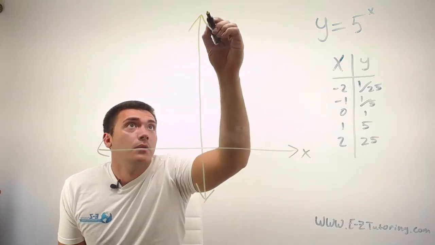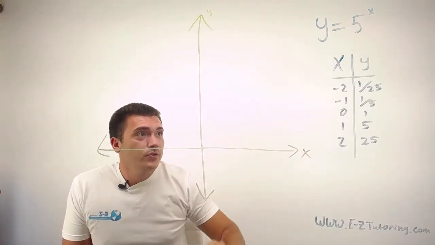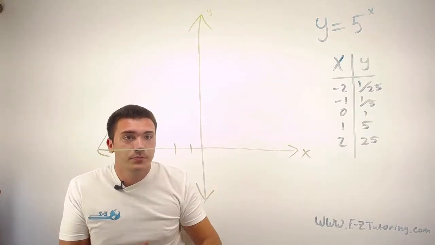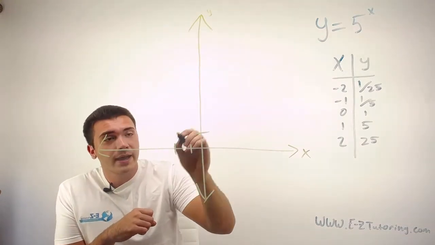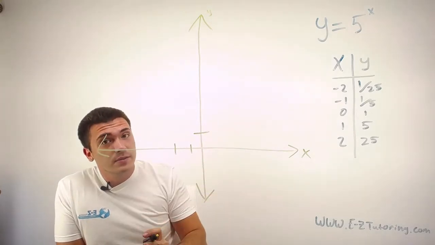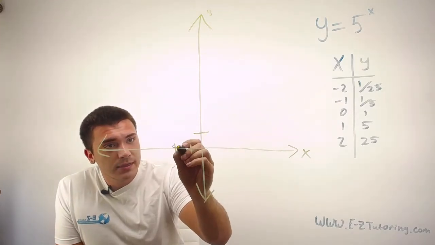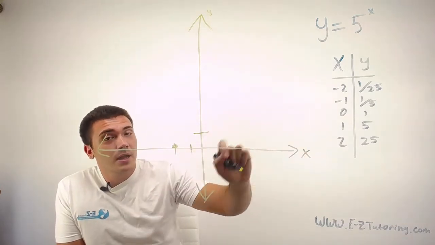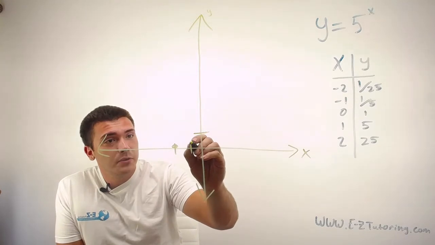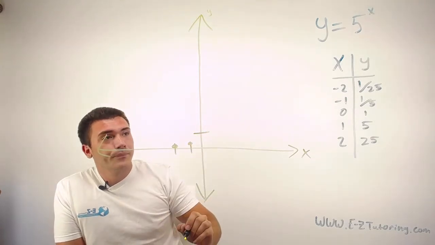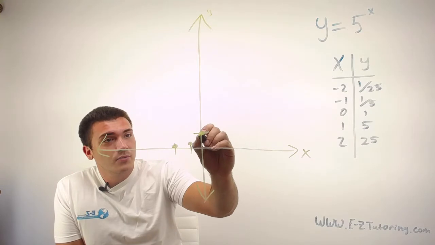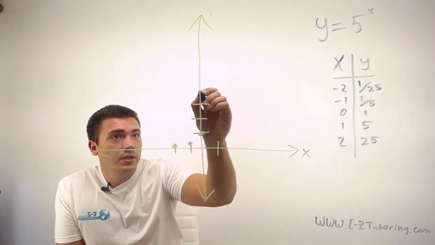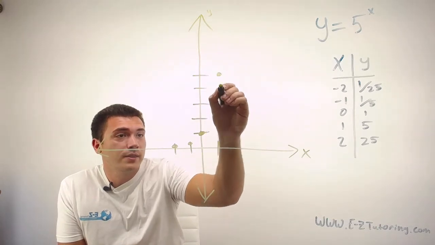So, starting off with -2, comma, 1 over 25. -2 and 1 over 25 is very close to 0, so we're just going to say that that is somewhere around there. -1, comma, 1 over 5 is going to be somewhere around here. 0, comma, 1 is right over here. 1, comma, 5, so 2, 3, 4, and 5 is right there.